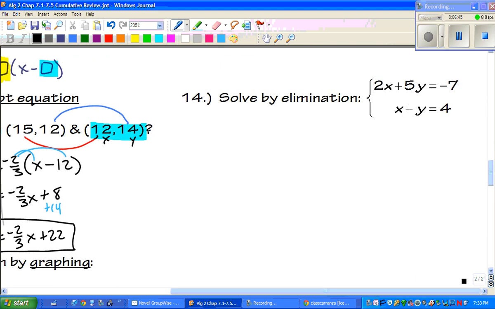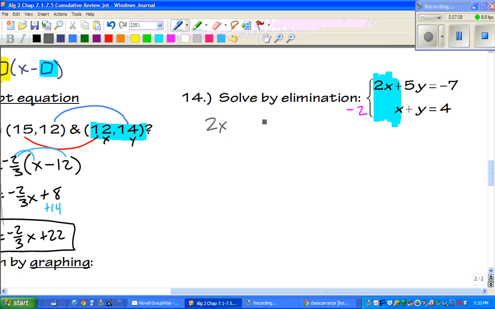All right. Number 14, it said solve by elimination. So what I'm going to do is look for variables to cancel out. And what I'm going to cancel out are the x's, because we need to multiply the bottom equation by -2, and then those guys will cancel out.